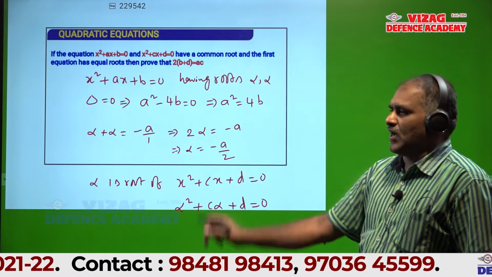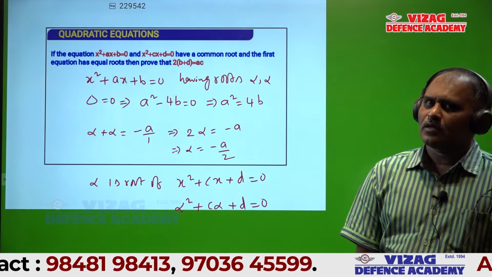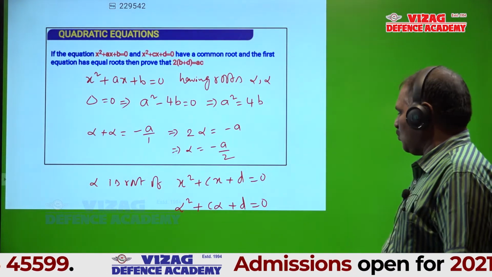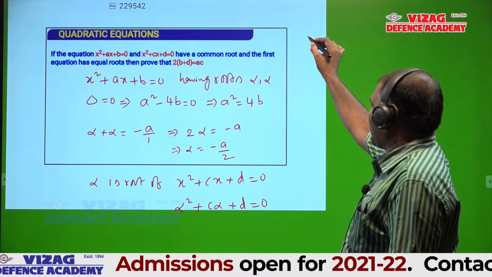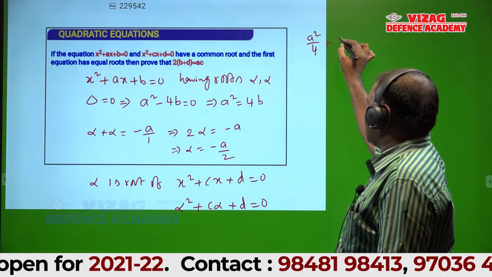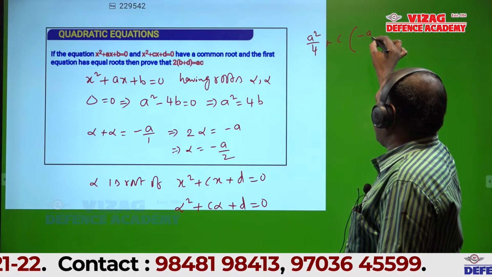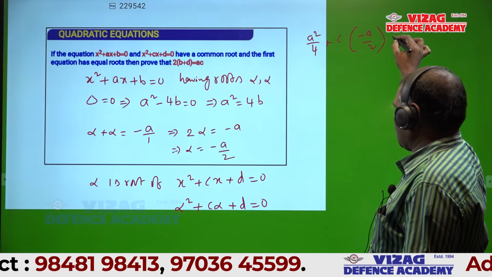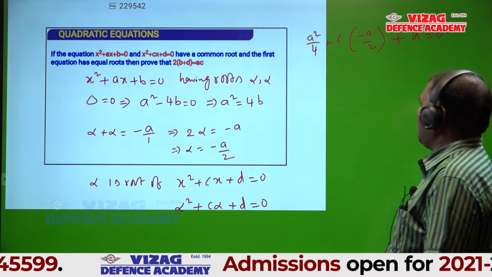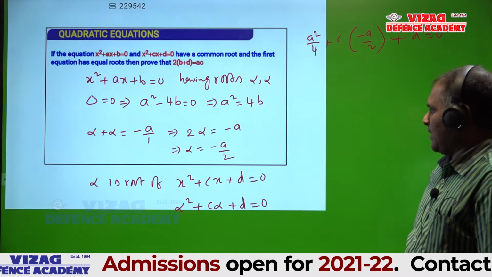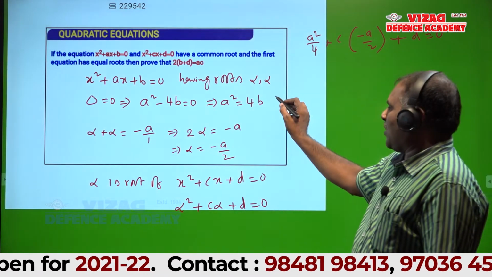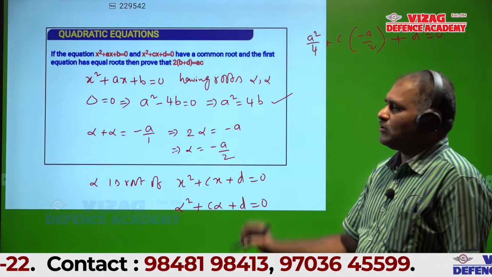What is the alpha value? Minus a by 2. Substitution: you get a square by 4 plus c into minus a by 2 plus d is equal to 0. But here, what is the a square value? 4b.